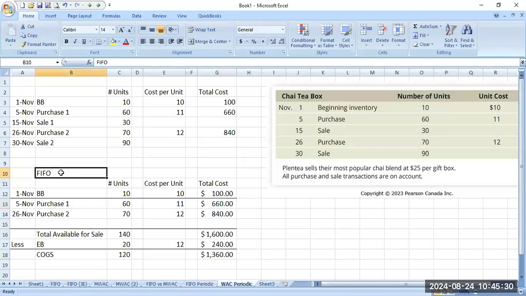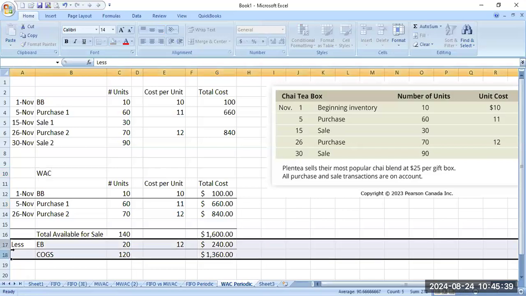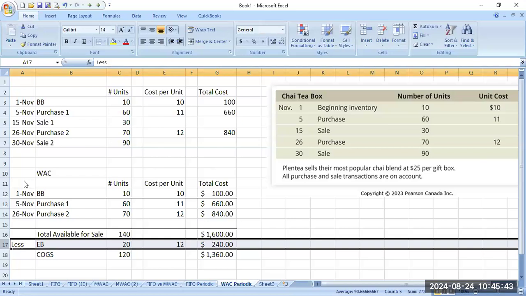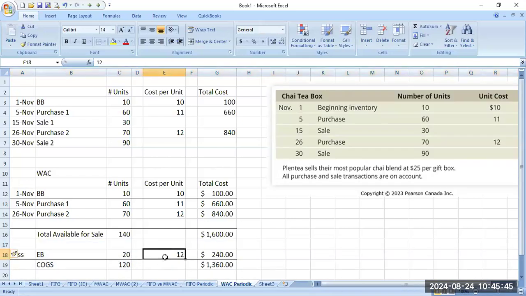So how are we going to proceed? Weighted average cost. Very simple again. This one will disappear, this one will disappear, this one will disappear.